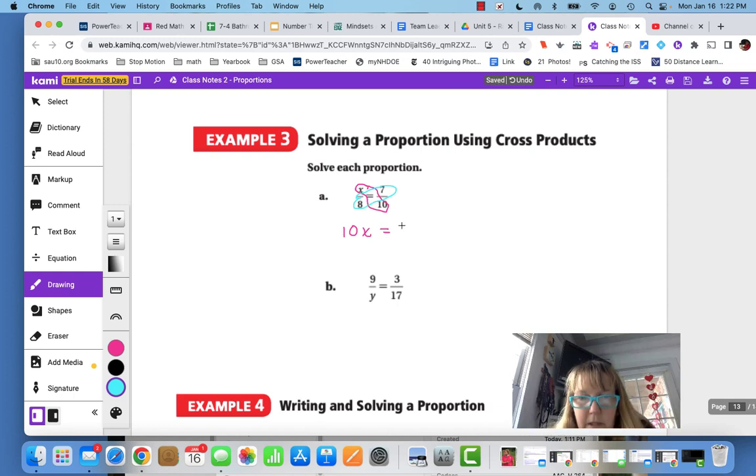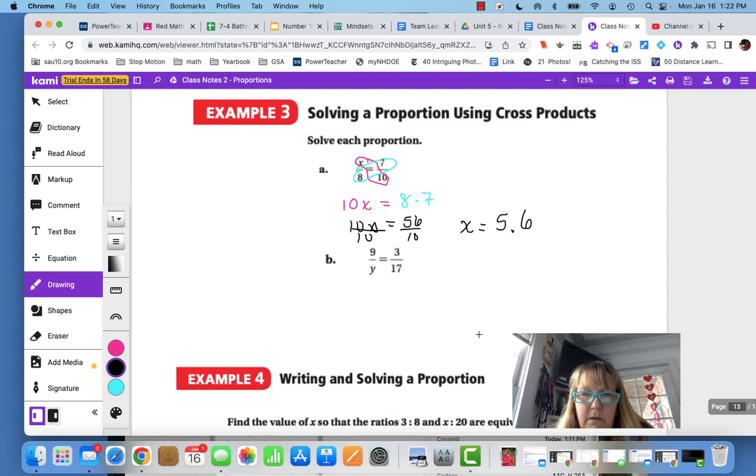So 10x is equal to 8 times 7, so 10x is equal to 56, and to get 1x, I'm going to divide both sides by 10. So x is equal to 5 and 6 tenths.